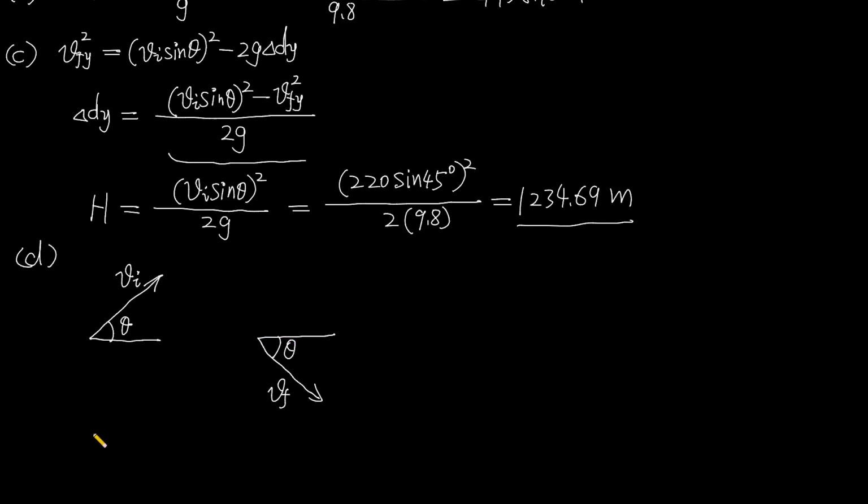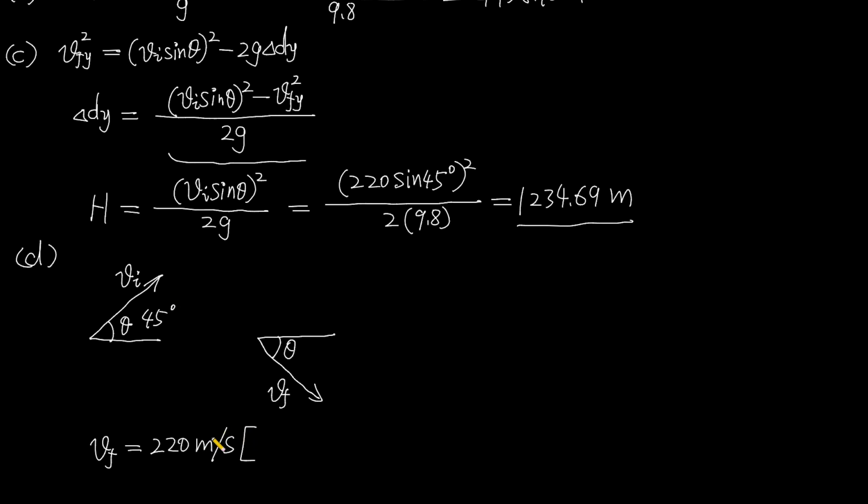So we can know that its final velocity has a magnitude of 220, the same as its initial velocity's magnitude. Now its direction: we know for this question, theta is 45 degrees.